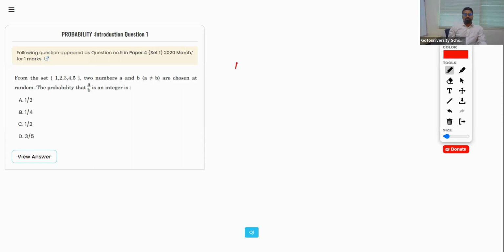So a is not equal to b means I can choose 1, 2, 1, 3, 1, 4, 1, 5. Like this, you can choose, right? Instead of all this, what we can do, the total number of ways, is we cannot repeat the number. So it is 5 into 4, right?